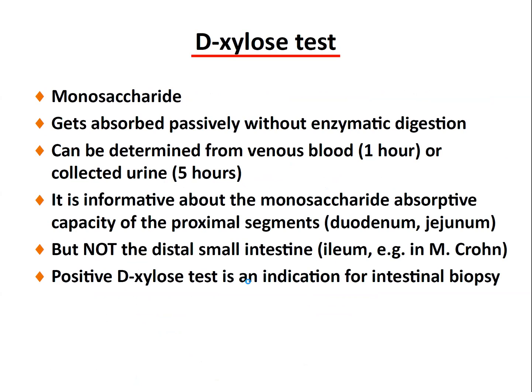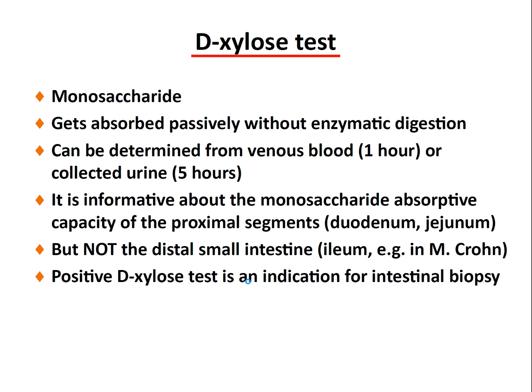As I mentioned, the D-xylose test is measured because D-xylose is not utilized in our body, so we cannot do anything about it. It is absorbed freely together with the L-xylose and immediately urinated out. So you can measure the urinated D-xylose and see how much, what percentage, of the D-xylose is absorbed from the intestine, and that can directly show the malabsorption problem.